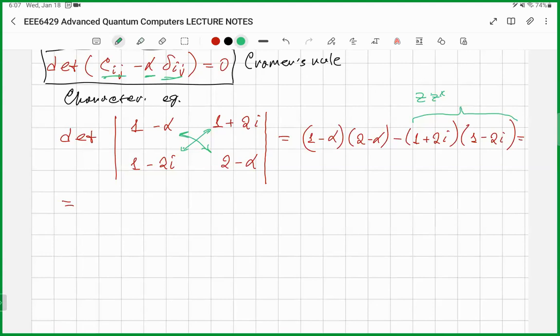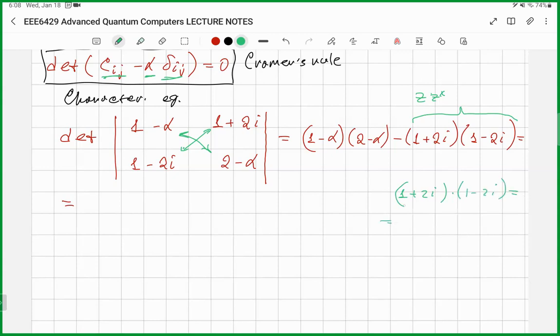So what is it equal to? Let's take it: 1 plus 2i times 1 minus 2i.